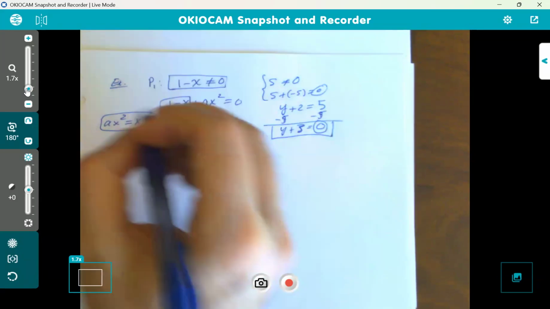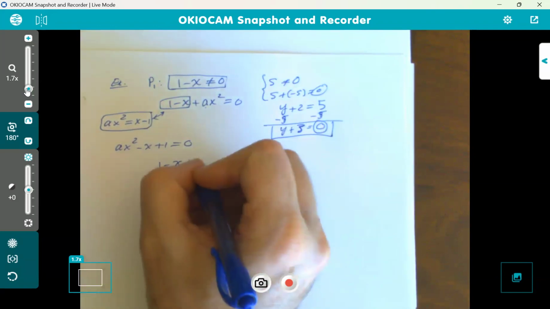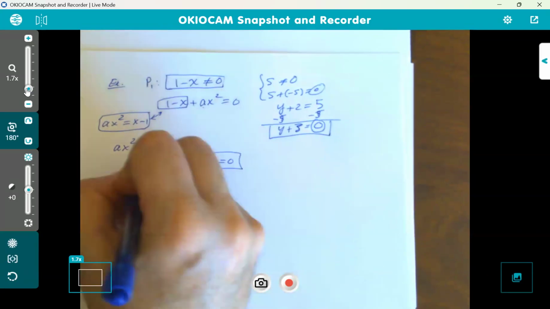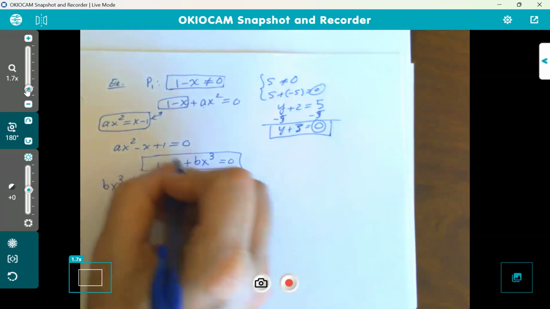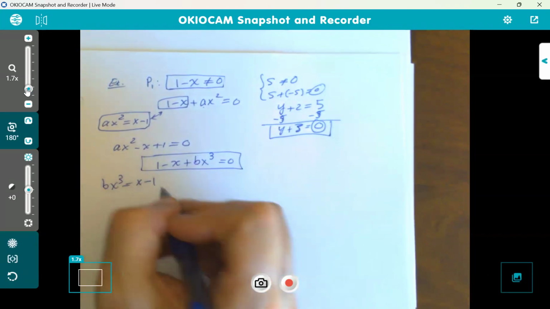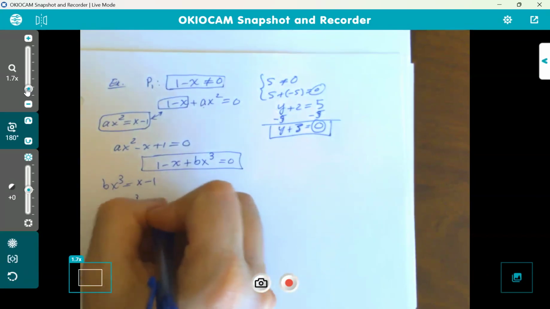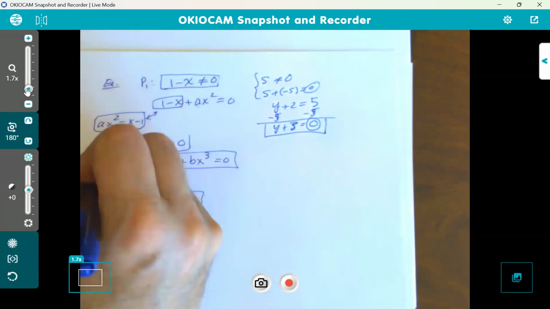Now, what if I let another form be 1 minus x plus bx cubed equals 0? And I'm going to let my bx cubed this time be the opposite of 1 minus x, which is x minus 1. So from this, I get the equation bx cubed minus x plus 1 equals 0. So here I have another equation, just like I had here.